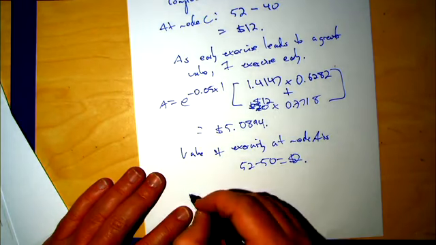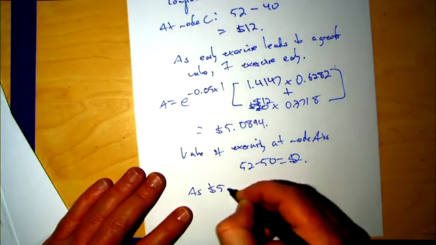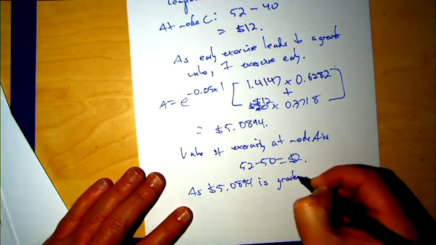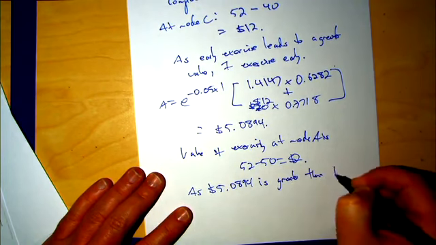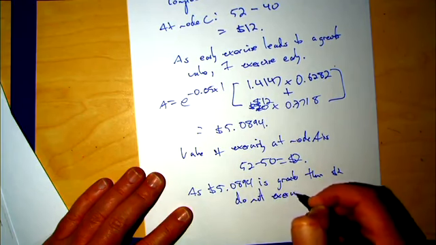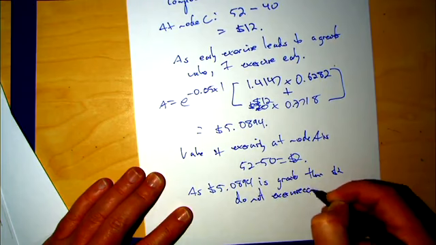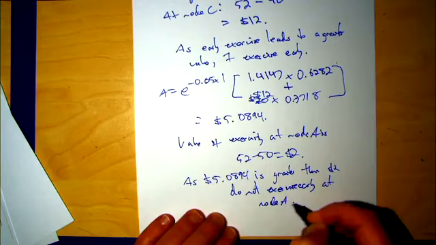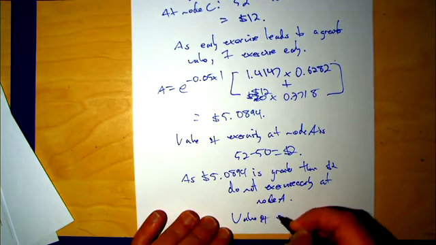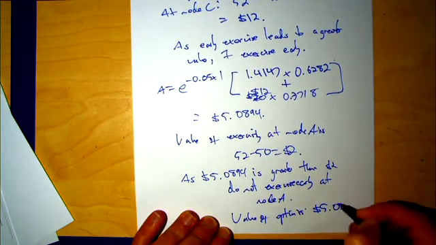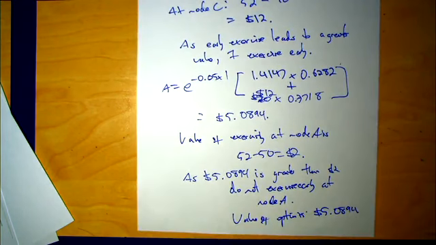So you do not, as 5.0894 is greater than $2. Do not exercise early at node A. And the value of the option is 5.0894, as you originally calculated.